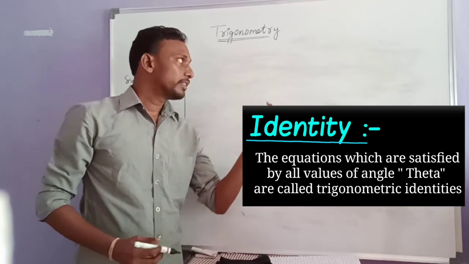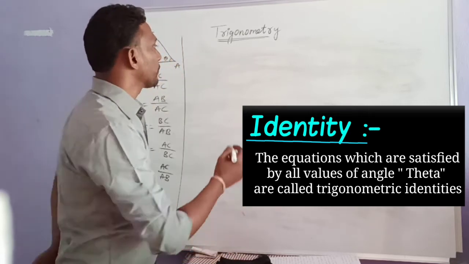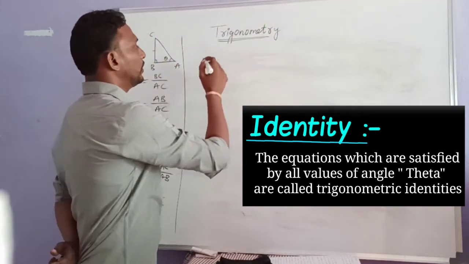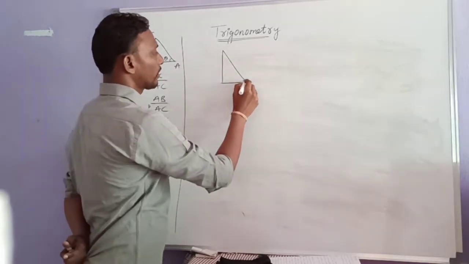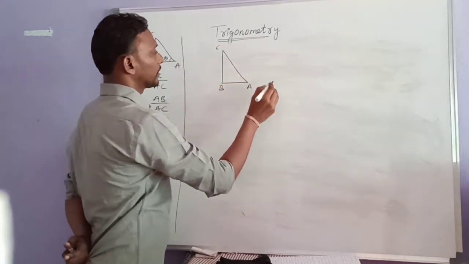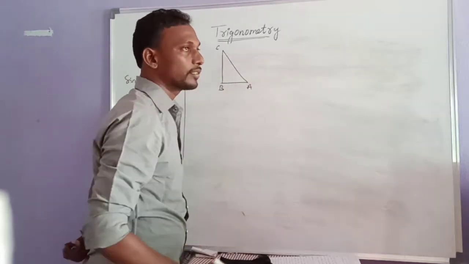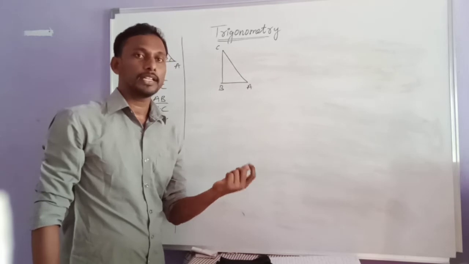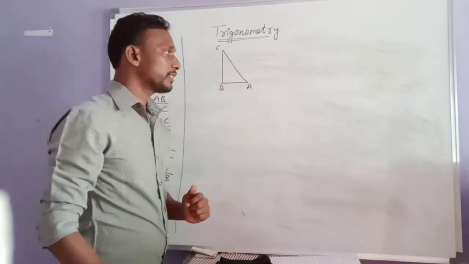So in trigonometry also we have some identities, right? Before going to the identities, we know the Pythagoras theorem. What is the Pythagoras theorem? The square of the hypotenuse is equal to the sum of the squares of the remaining two sides, that is the opposite side and adjacent side.